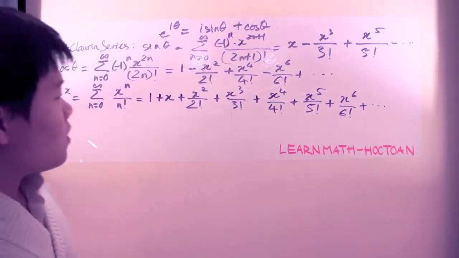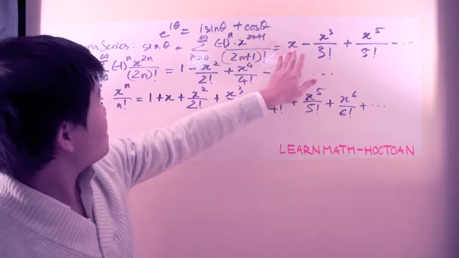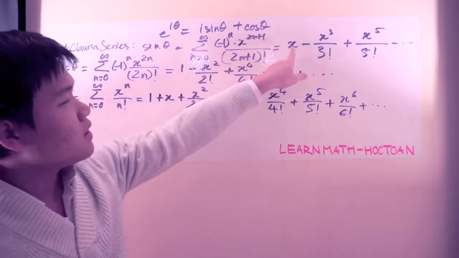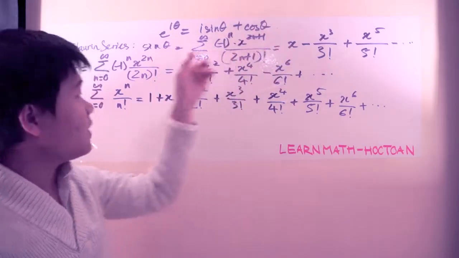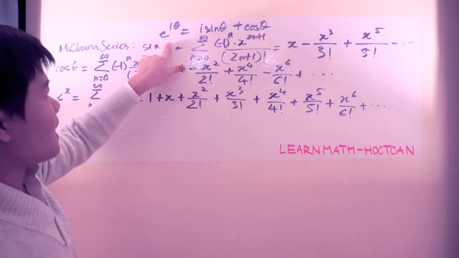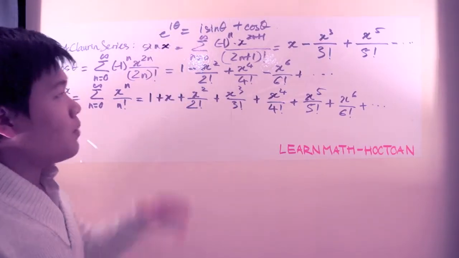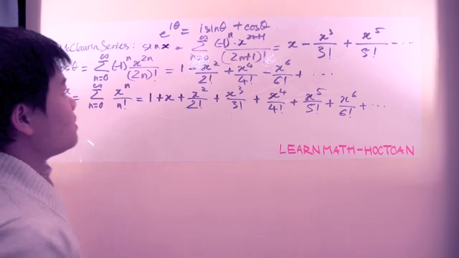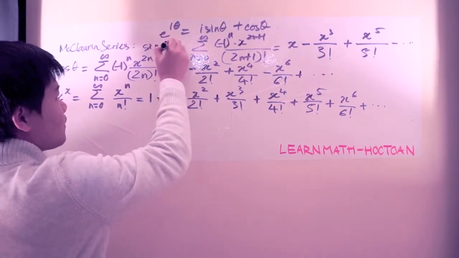So let's have a look at this. Here we have sine theta. Well, this is theta, but you can think of x as just theta. I wrote theta here because I want to make a connection for you guys. It could have been x, but instead of x you can just write theta.